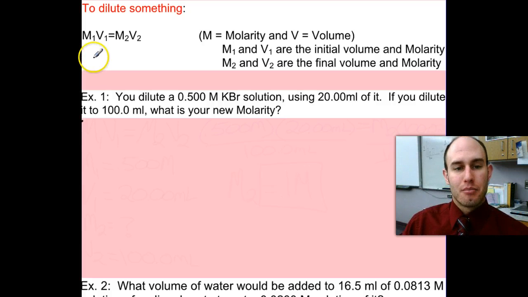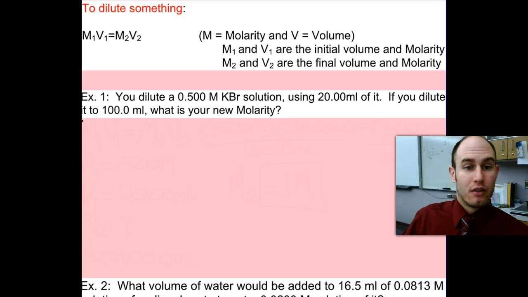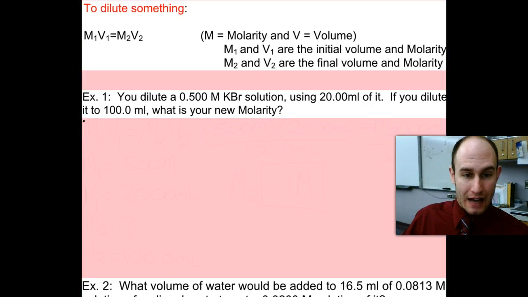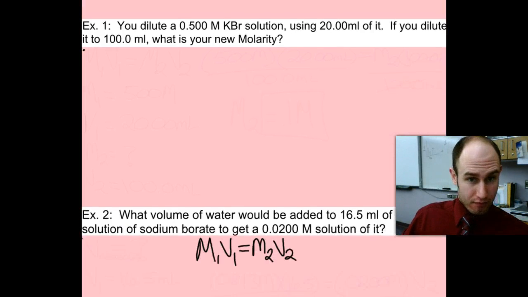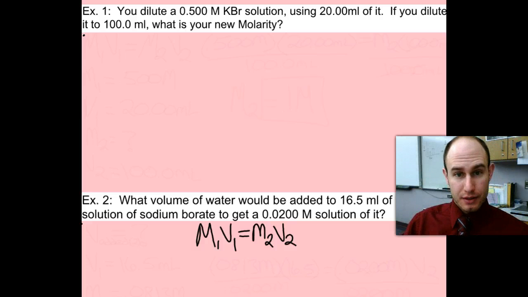So actually remember the dilution problem equation is simply M1V1 equals M2V2, and we're going to calculate out here basically how to dilute a solution. So let's dive right in. We have a solution that is 0.5 molar, capital M is for molarity, potassium bromide.